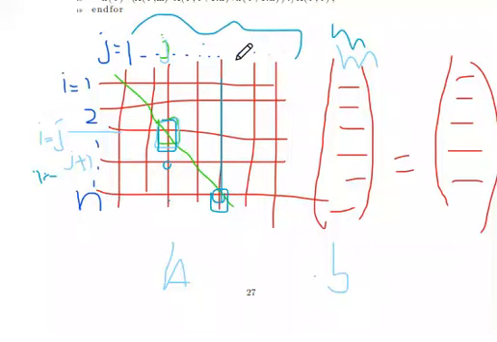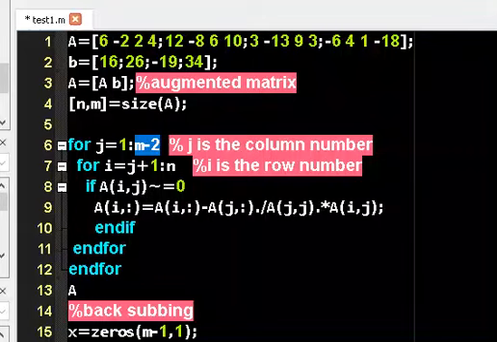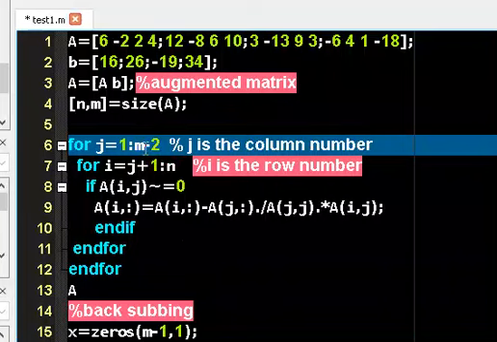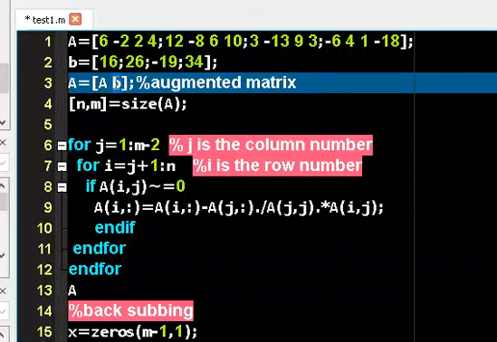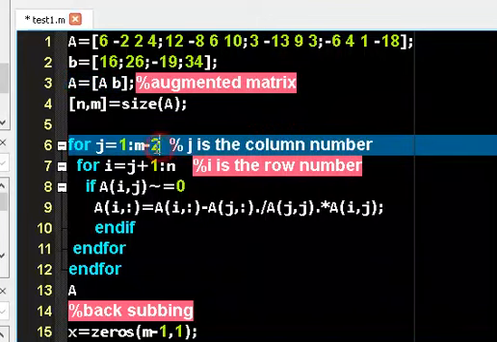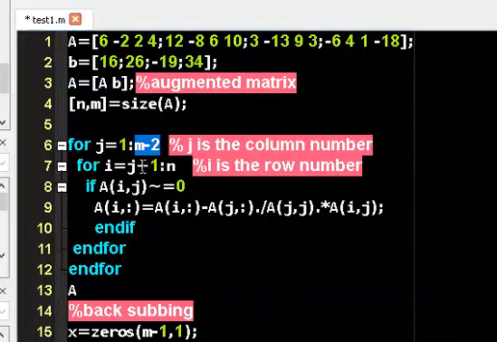So m is the number including this row and this column. That's why I consider m minus 2 here, right? If A were only a coefficient matrix, this would be m minus 1. If you include your right hand side, then this is m minus 2. Okay, this is clear, right?